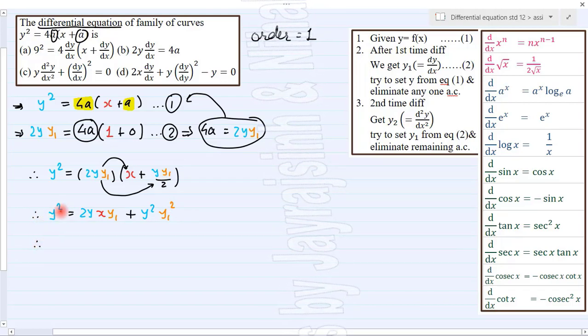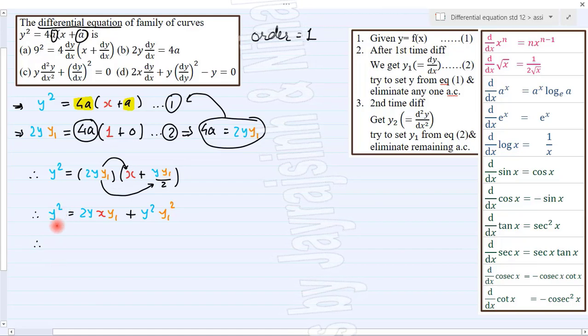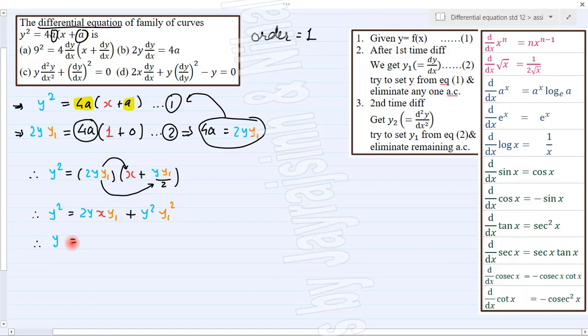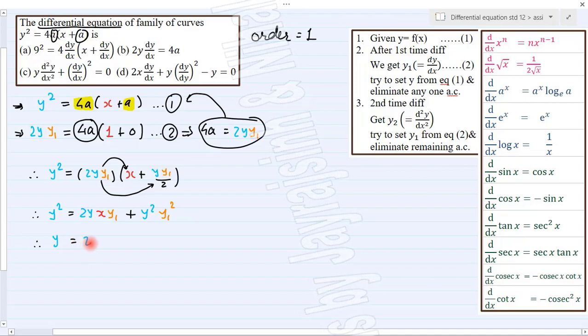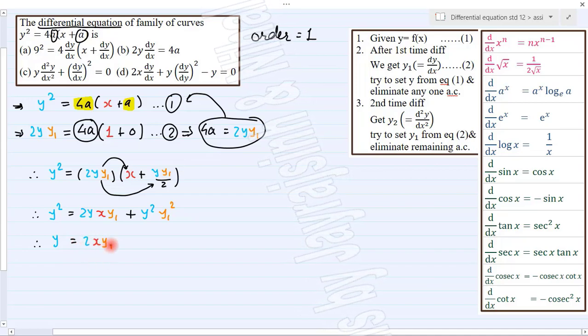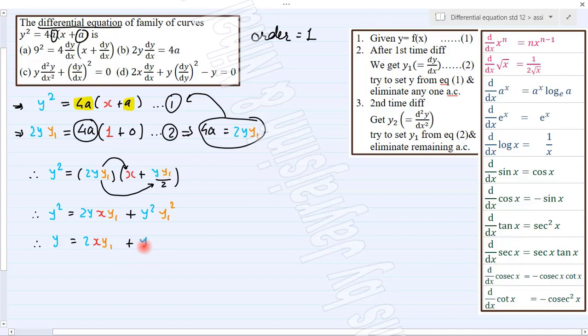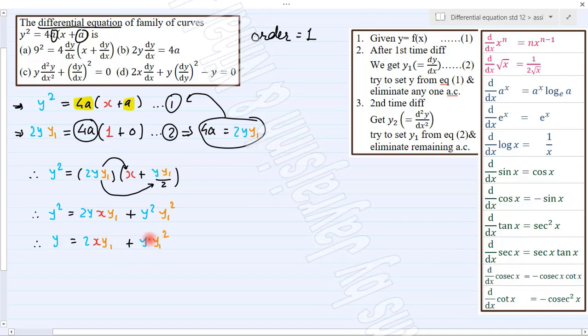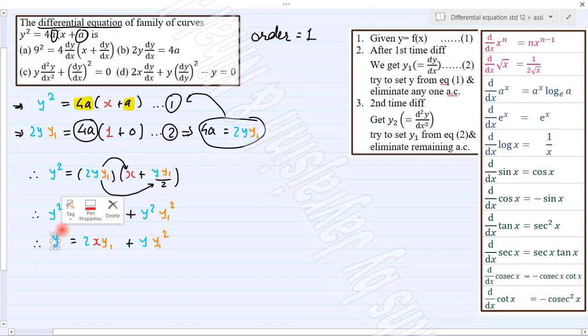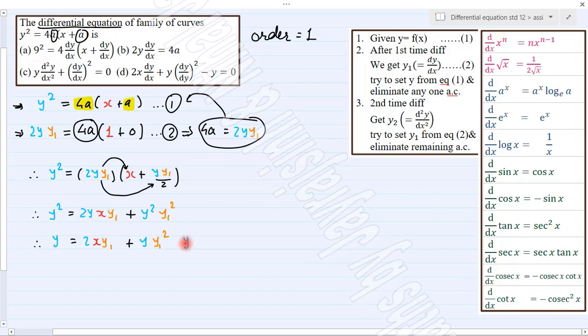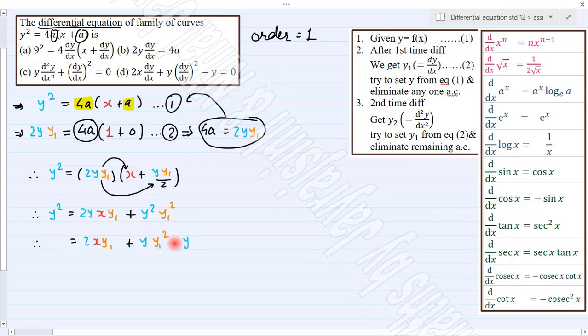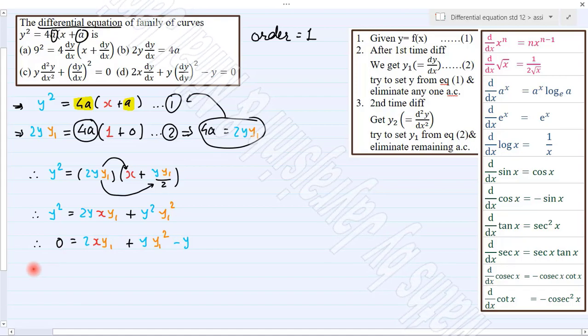Now here we can take y common. So we will get y is equal to 2x into y1 plus y into y1 square. Or we can move this y to the right side and we will get minus y is equal to 0.